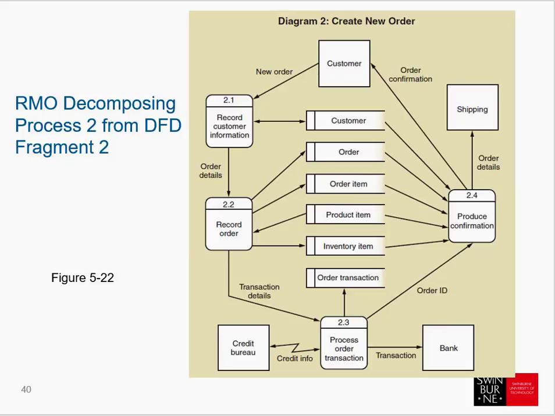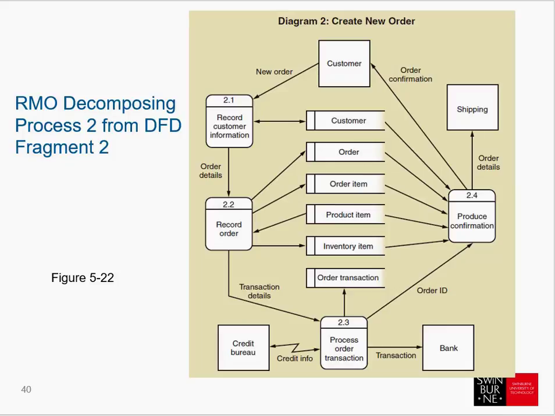So the new order data flow contains all the information about the customer and the items the customer wants to order. Now if the customer is a new customer, then process 2.1 stores the customer information in the entity named customer. That means it is creating a new customer record or updating the existing customer information as required.